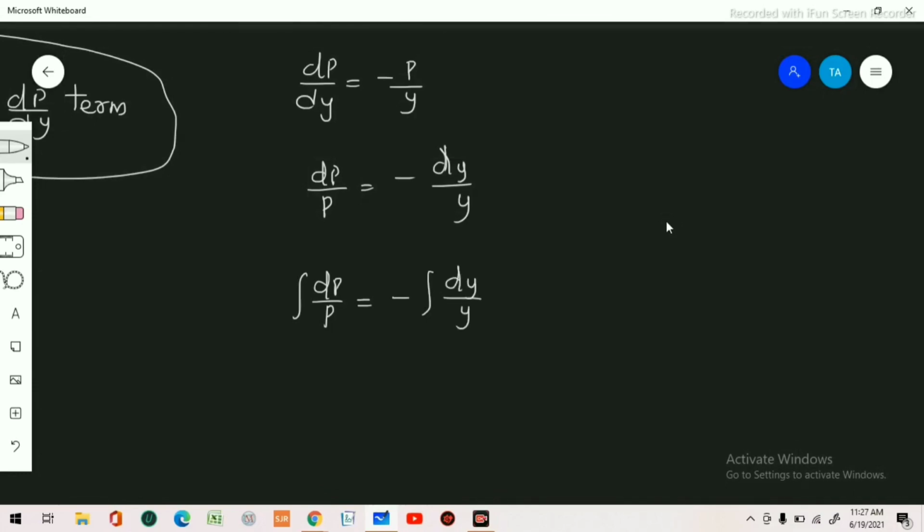So the integral of 1 by p is log p, equal to minus log y plus log c.